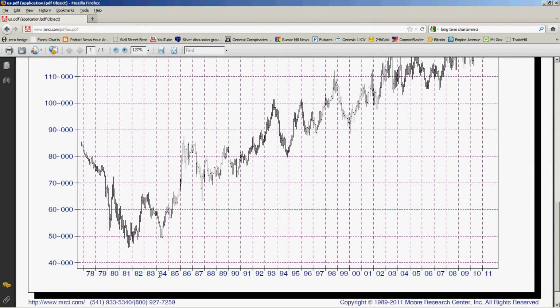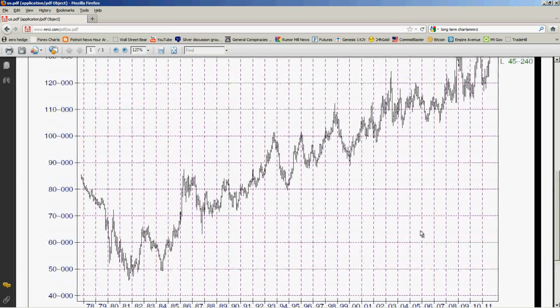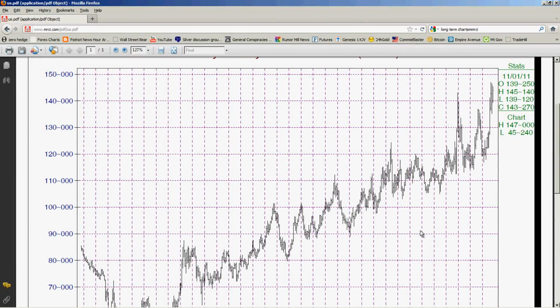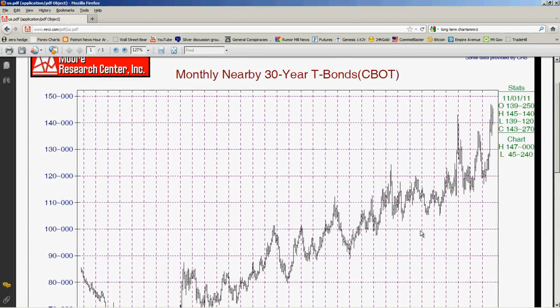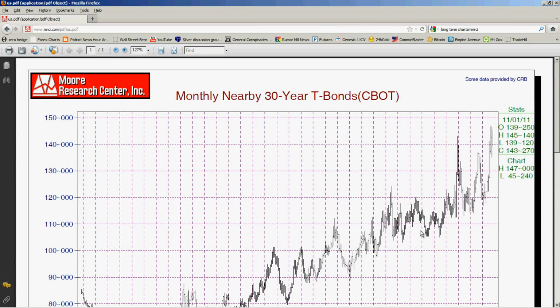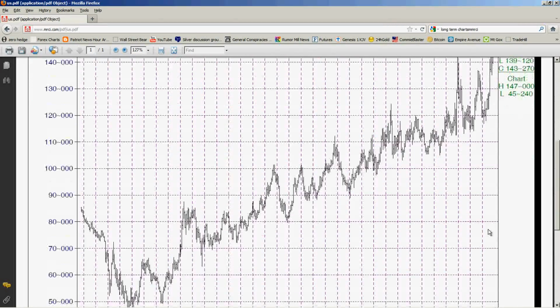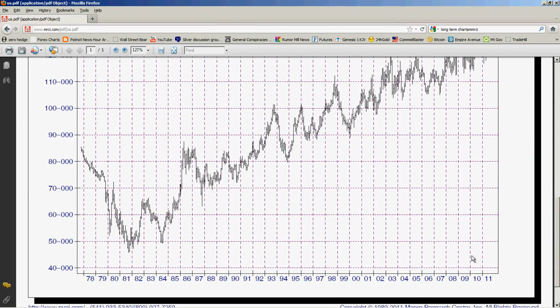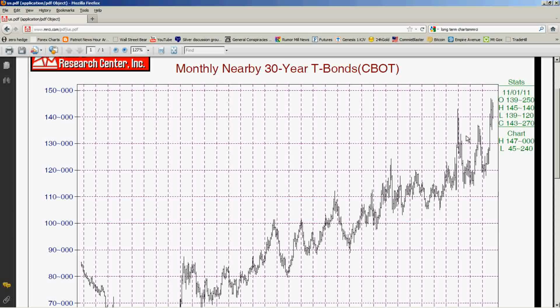This is the 30-year bond that starts at a price below 50 in 1980, '81, and is now up to almost 150, which means interest rates going to zero. I'm not really sure what price on this chart equals a zero interest rate, but we are rapidly approaching that place. You can see the 2008 crisis resulted in this spike.